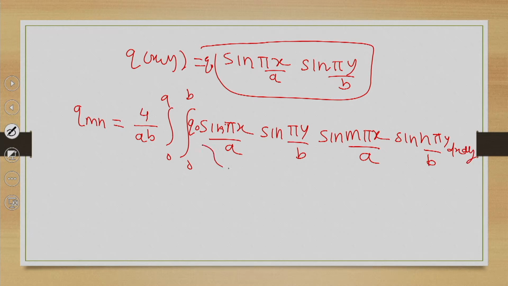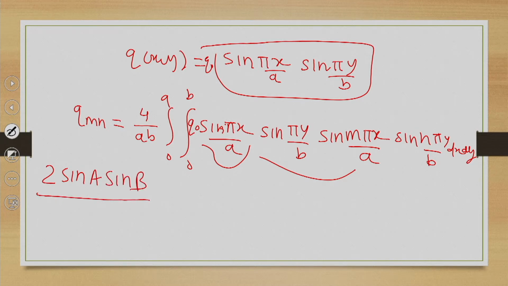So, here you see that sin x and sin x. So, basically if you remember the sin A and sin B formula, which is basically one half of cos of A minus B minus cos of A plus B, something like this.